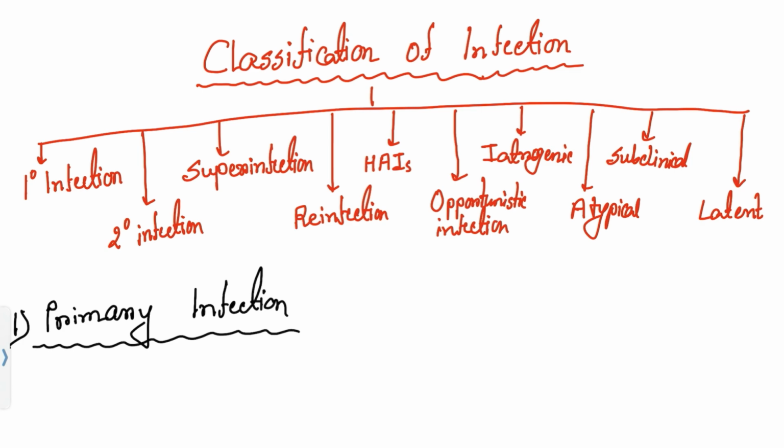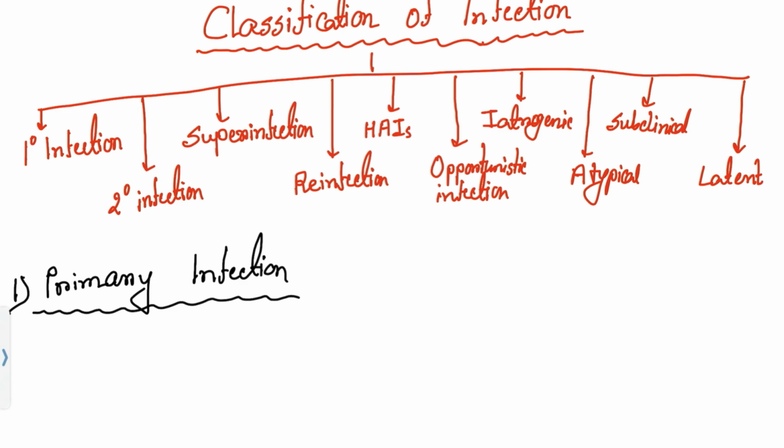Here I have listed all the classifications: primary infections, secondary infections, superinfections, reinfections, hospital acquired infections, opportunistic infections, iatrogenic infections, atypical infections, subclinical or inapparent or pre-infections, and the last one is latent infections. Here we will be discussing one by one all the major classifications of infections.